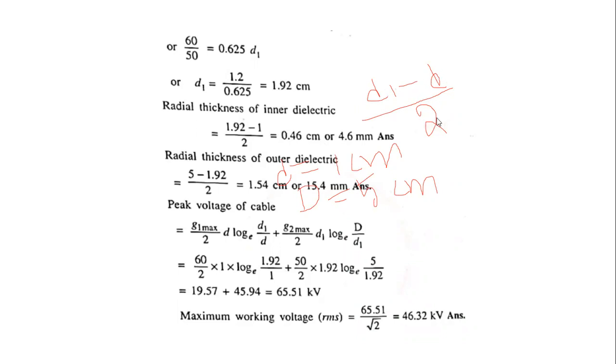So 1.92 minus 1 by 2 is equal to 0.46 centimeters or 4.6 mm.